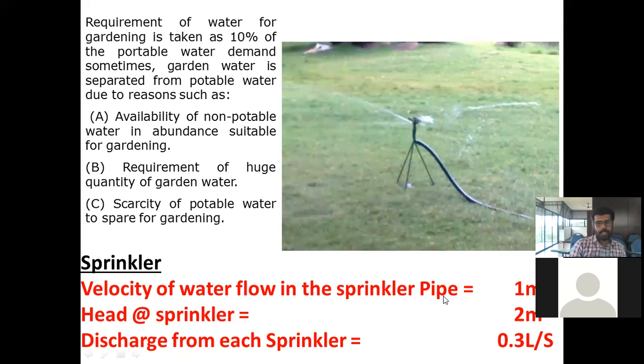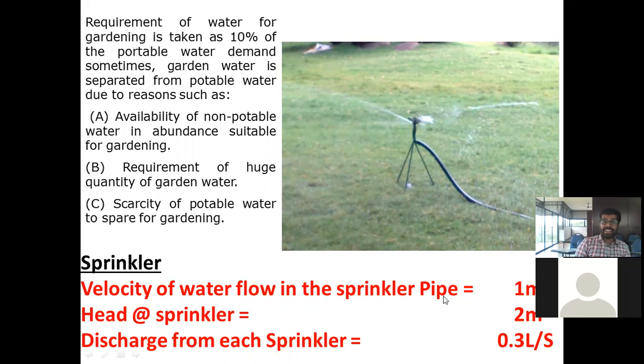So be careful when you are trying to find the diameter of the pipe; make sure the velocity of the water flow in the sprinkler pipe is at the rate of 1 meter per second.